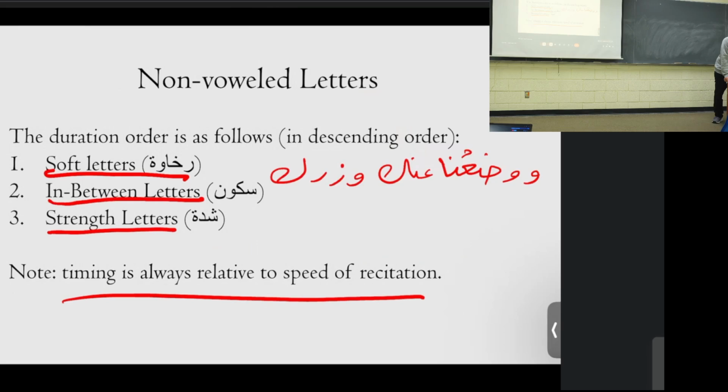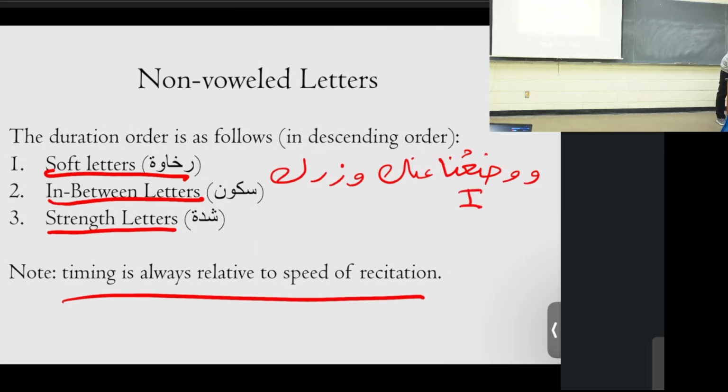Who says soft? Who says in between? Who doesn't say anything? Okay. So ayn, what did we say about ayn? The ayn closes the makhraj completely, so there's not a lot of flow of sound. So the ayn is in between.